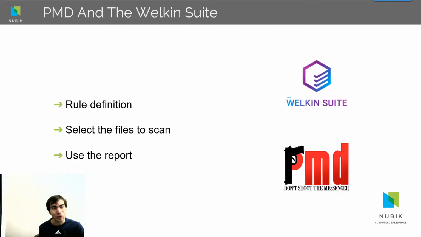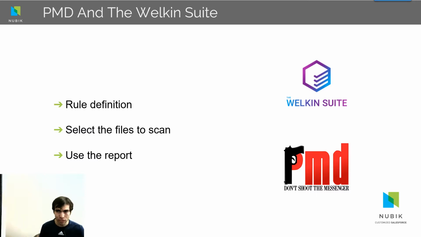Under this context, PMD is a set of rules that you can use for Apex code inspection. So basically, you can select some classes, triggers, or anything like that, and scan them using Welkin, which already includes this feature. Working with this tool can be described in 3 steps.